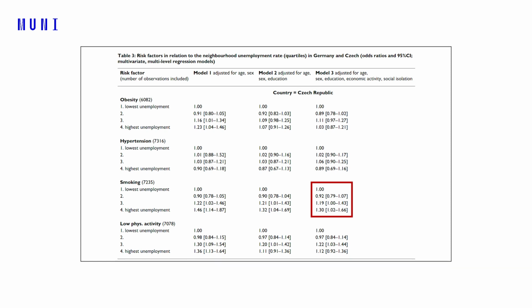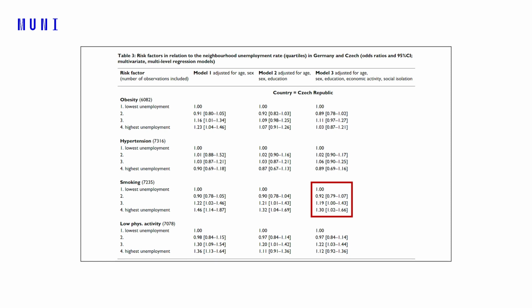In the highest unemployment neighborhood, you're more likely to smoke compared to the lowest unemployment neighborhood. It's kind of tricky, but the lowest unemployment is the more advantaged neighborhood.